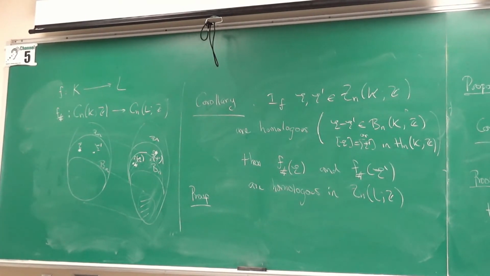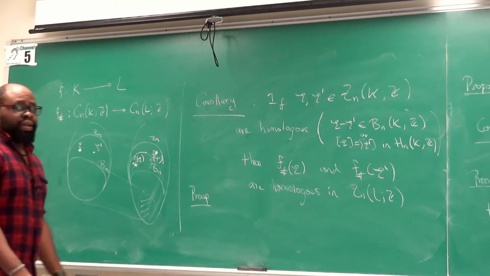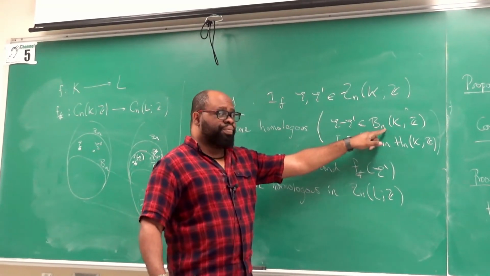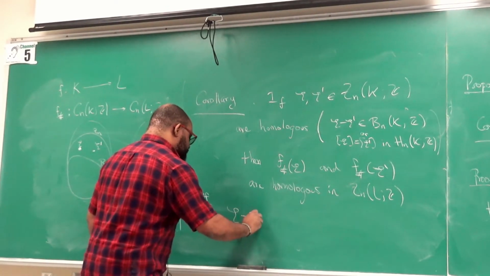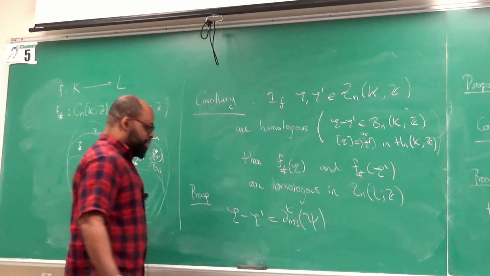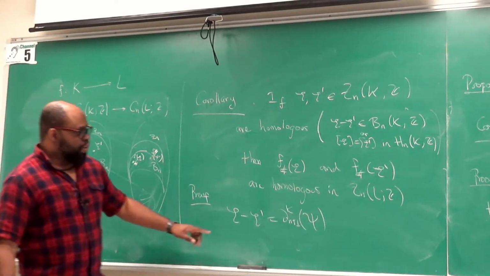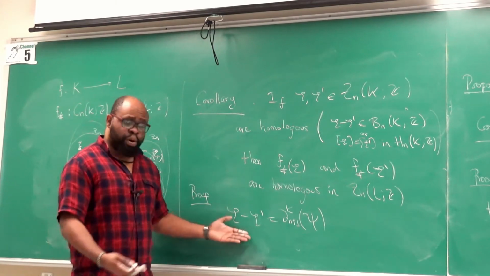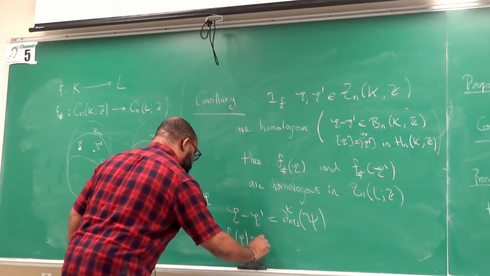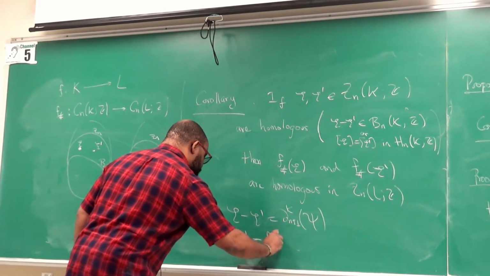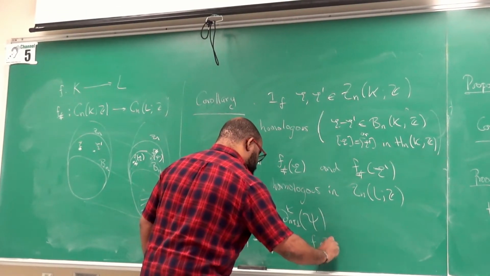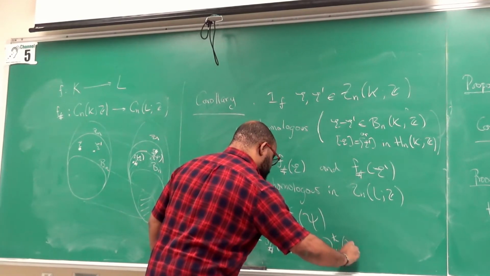Okay, what is the proof? If these two are homologous, it means that they differ by a boundary. So zeta minus zeta prime is equal to delta n plus 1 K of some psi. And now if I apply F sharp on both sides, I get that F sharp of zeta minus F sharp of zeta prime is equal to F sharp of delta n plus 1 K psi.